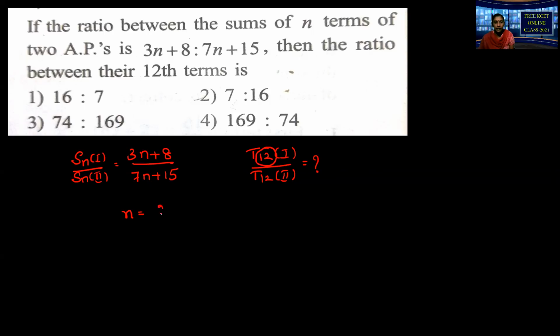So how to calculate n: n is equal to twice the required number of terms, whichever term we want, minus 1. So which term do we want here? The ratio of the 12th terms of these sequences. So here n is 2 into 12 minus 1. 12 2s are 24 minus 1, 24 minus 1 is 23.